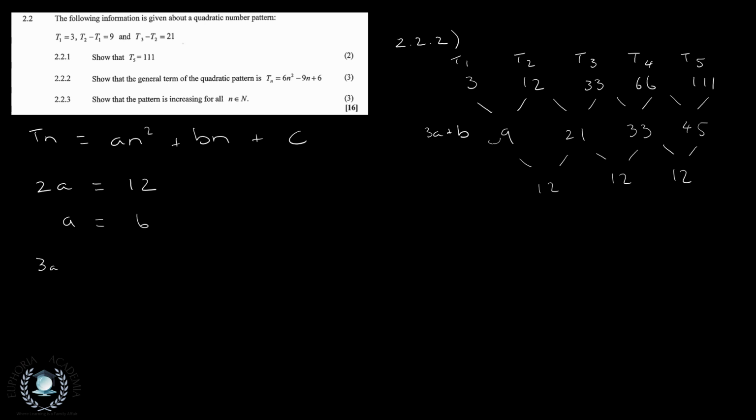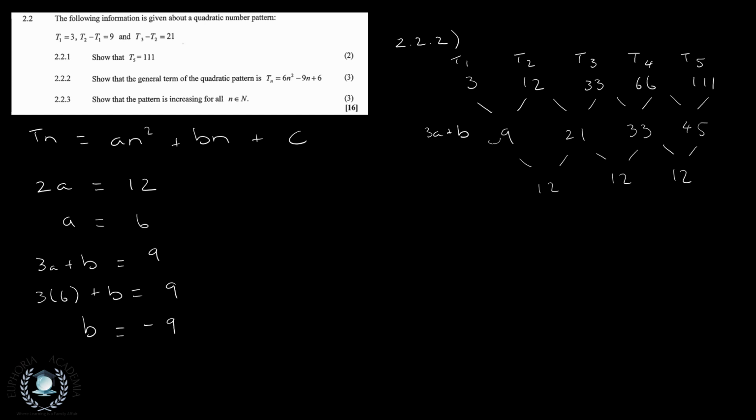So 3a plus b is equal to 9. Let us substitute what we have for a, which is 6. That is equal to 9, and therefore our b is equal to -9.